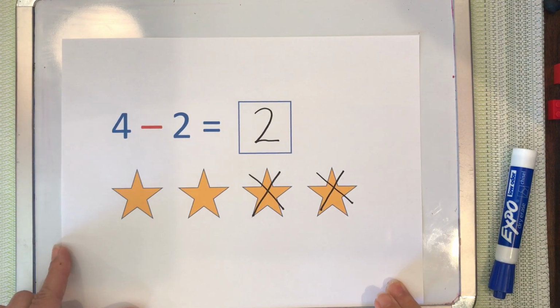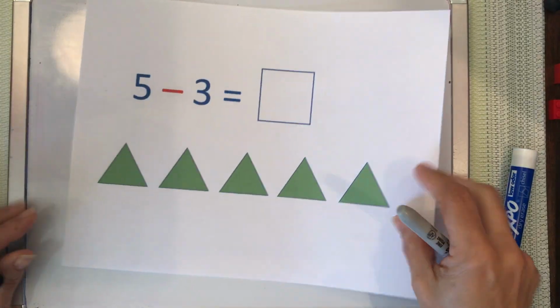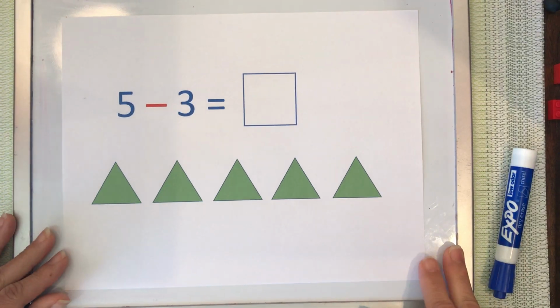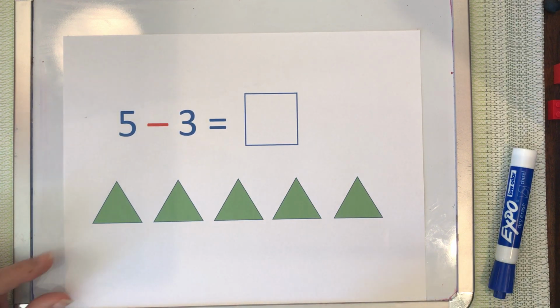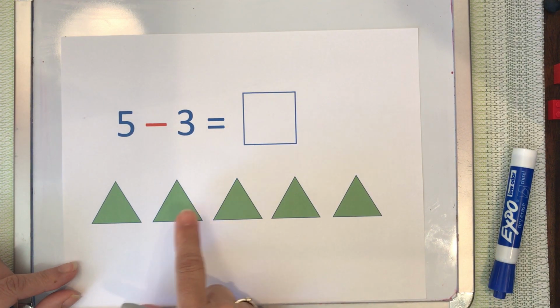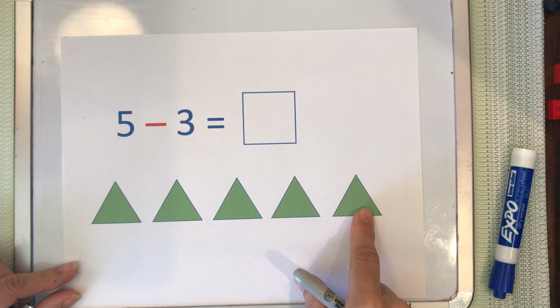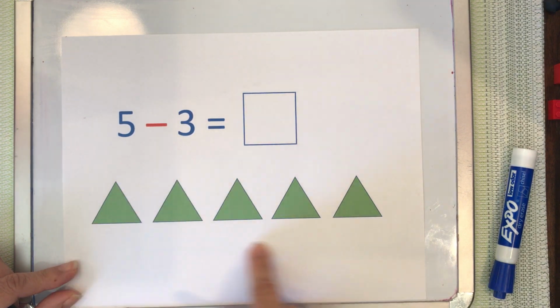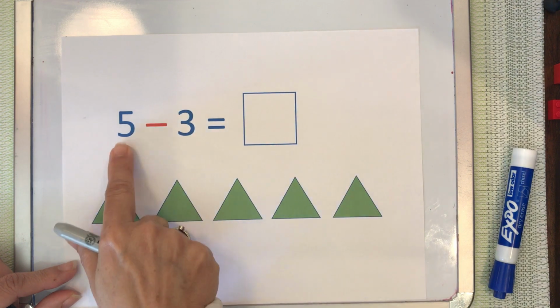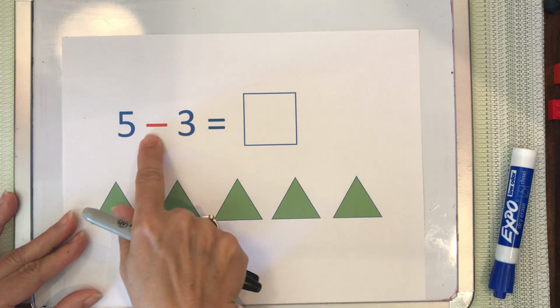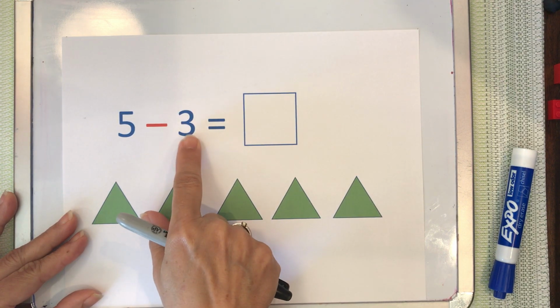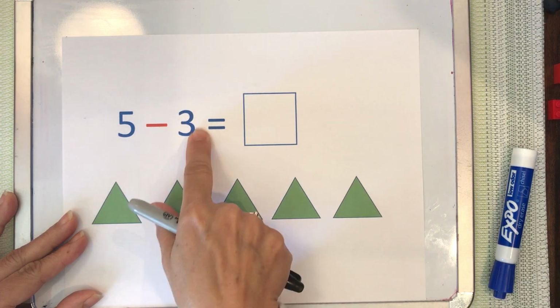All right, let's try one more together. And then try to say the number sentence with me. So here we have triangles. Let's count. How many triangles do we have? 1, 2, 3, 4, 5. We have 5 triangles all together. 5. It's always the first number because it's your whole. It's what you're starting with. So 5 minus, how many are we taking away? 3.